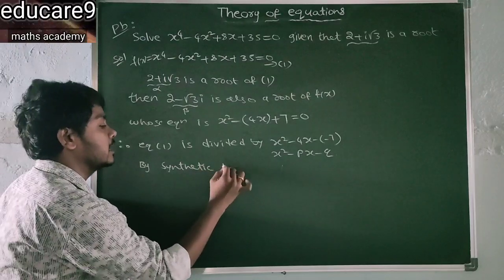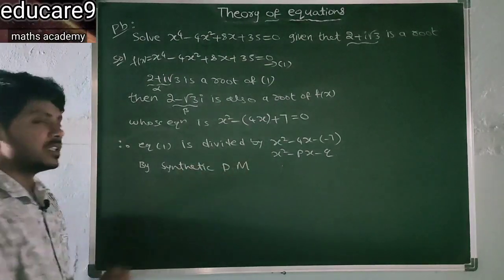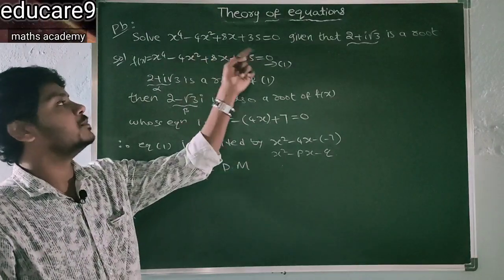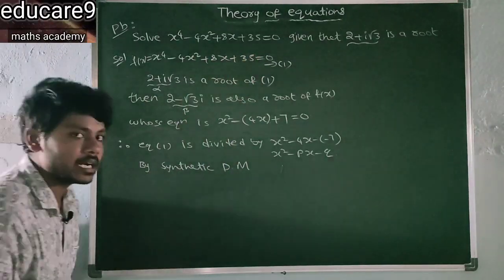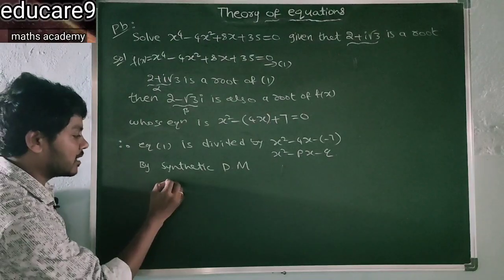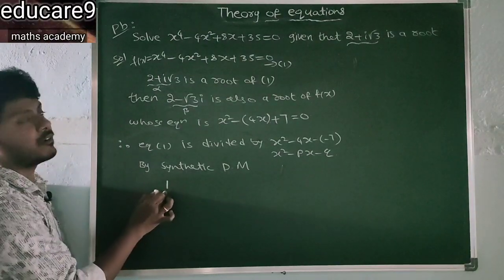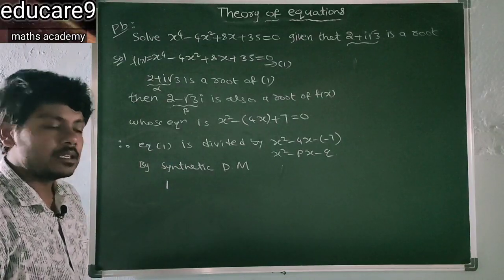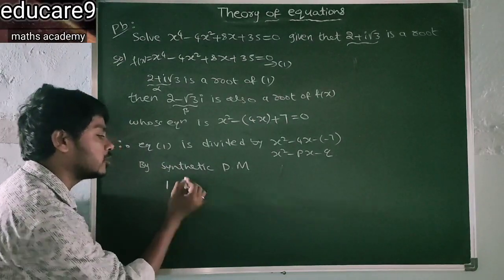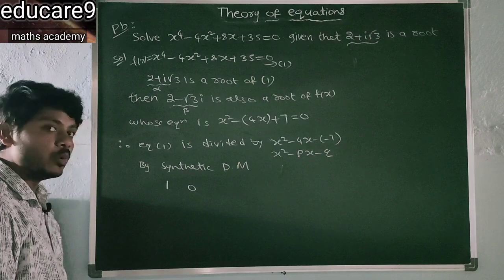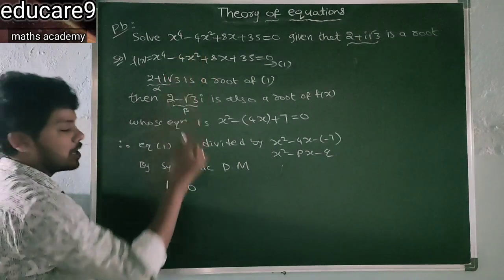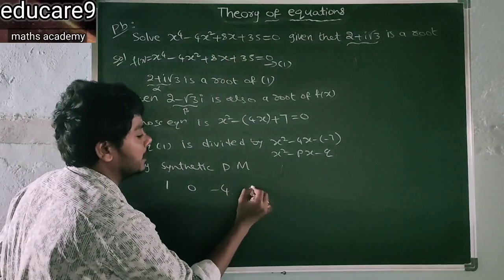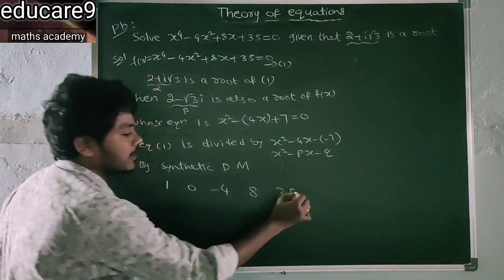So what is that method? Write the coefficients of the algebraic terms in decreasing order. That is 1, this is the x power 4 coefficient. But there is no x cube coefficient, so in that place we have to write 0. And x square coefficient minus 4, x coefficient 8, constant 35.